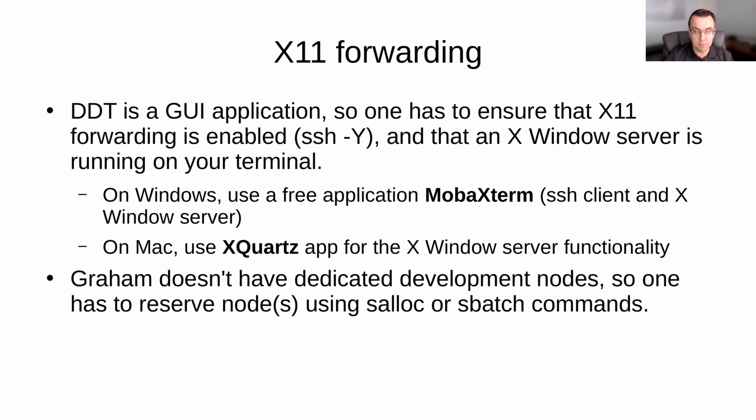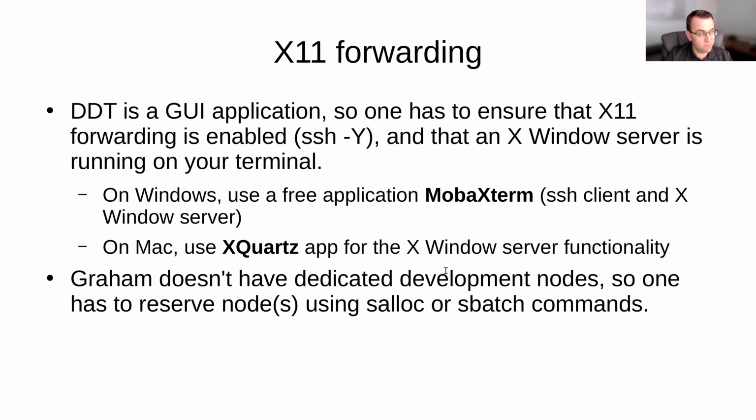So another important aspect about DDT, it's a GUI application, a graphical user interface. So there are two major ways one can run a GUI application remotely on a cluster. I will primarily focus on the easiest one, so-called X11 forwarding, but I will also briefly mention the other one, VNC.